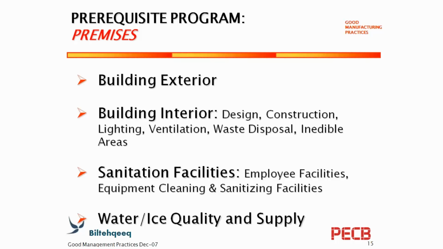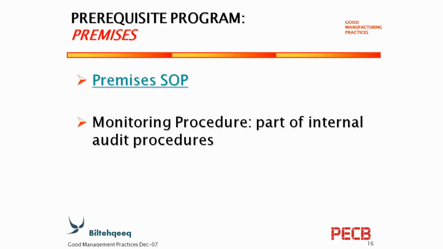And sanitation facility is also very important. You have to ensure that the employees and the equipment and the sanitation facility should be proper. The persons should use it in the way that no contamination can affect your food quality.